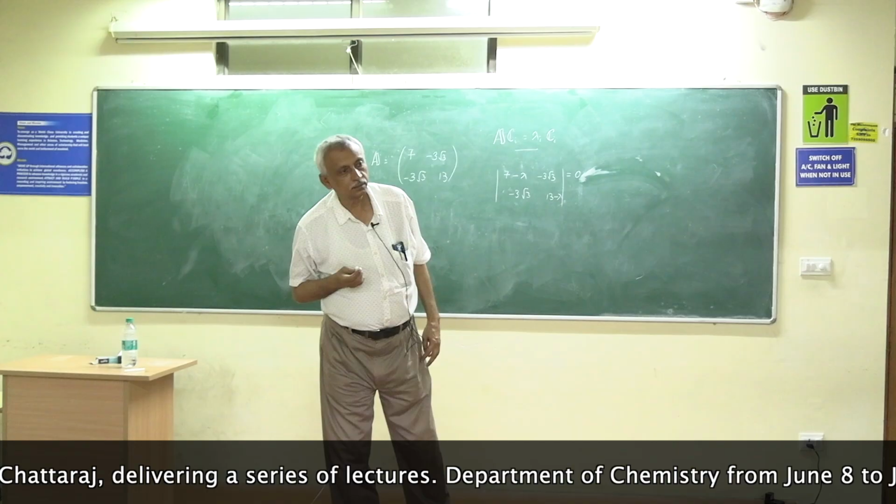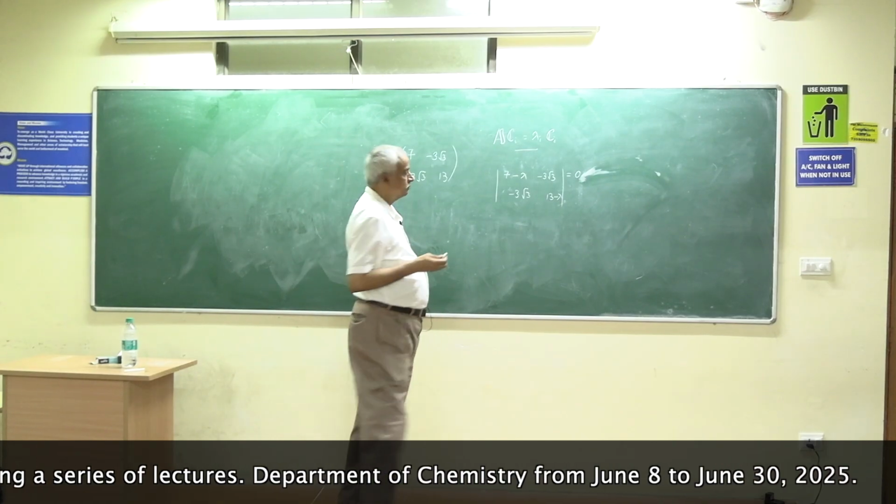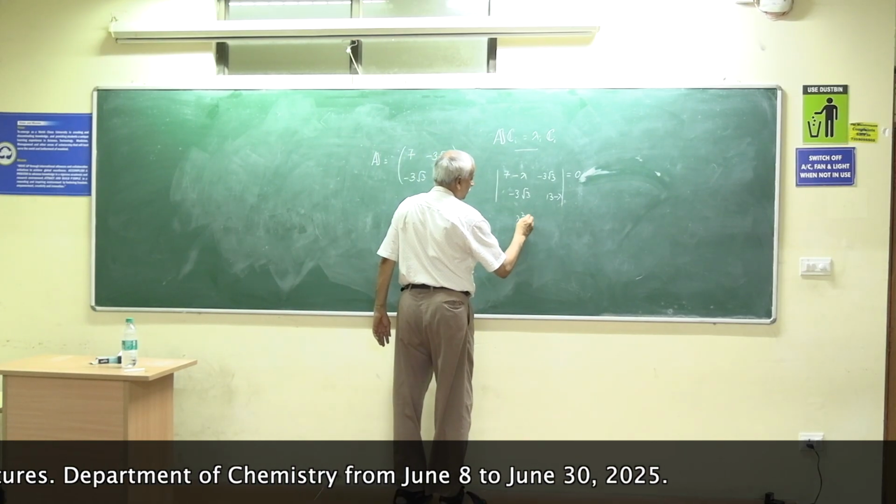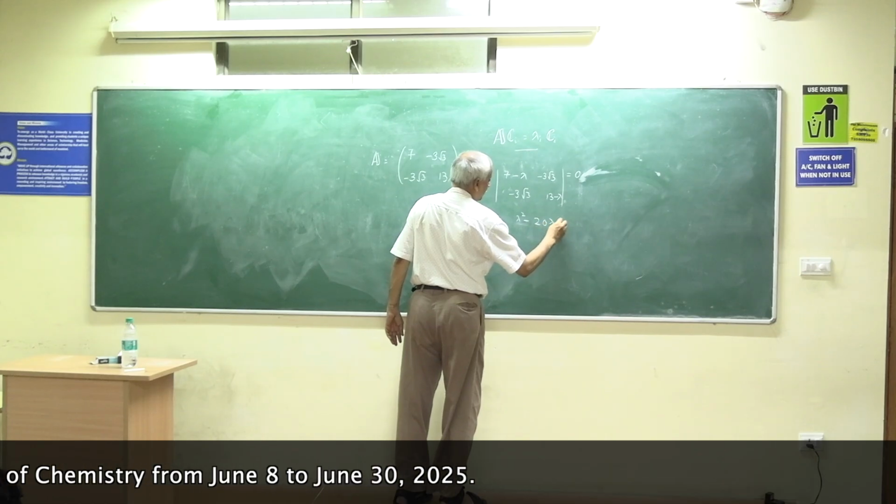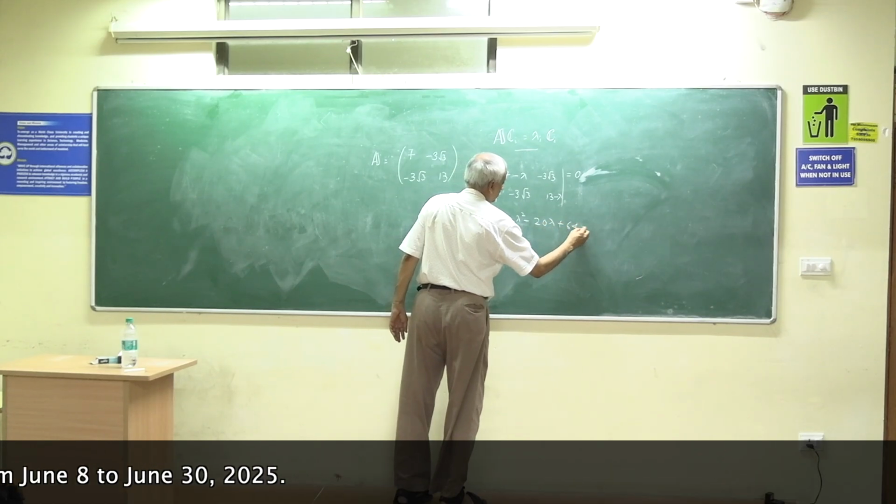Lambda square minus 20 lambda plus 64. So lambda square minus 20 lambda plus 64 equal to 0.